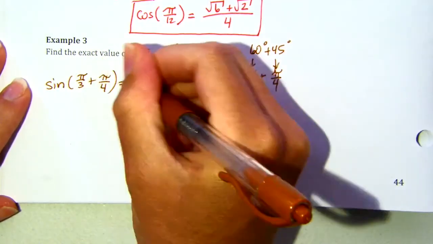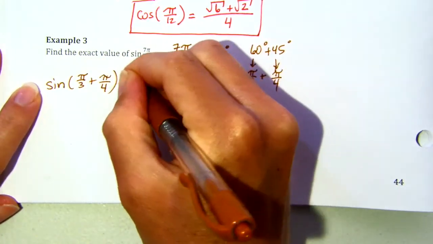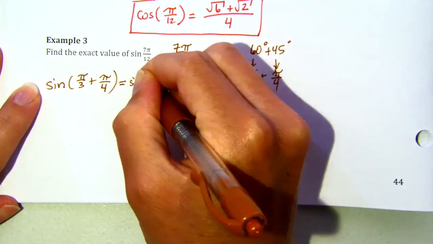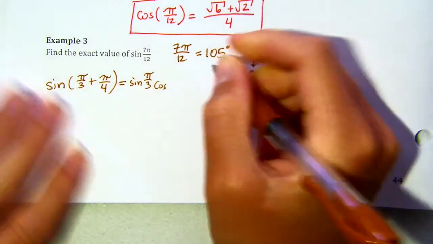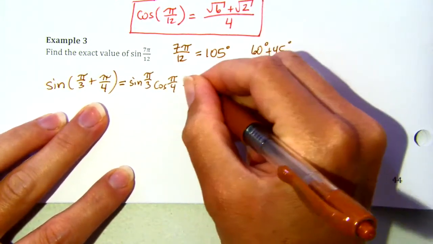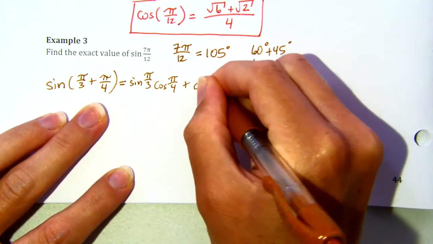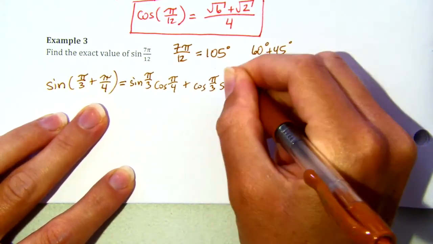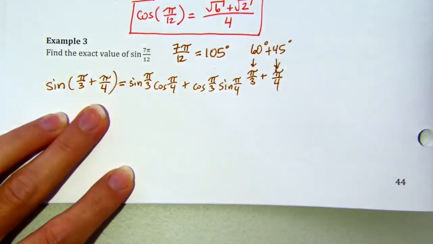Down here, we will end up with the sine of pi over 3 times the cosine of pi over 4 plus the cosine of pi over 3 times the sine of pi over 4.